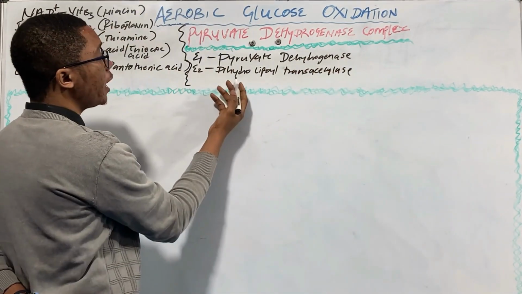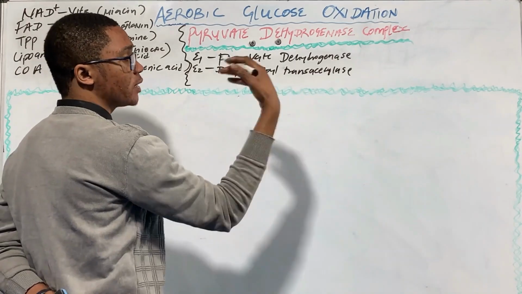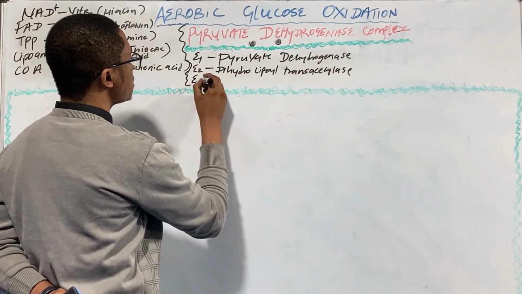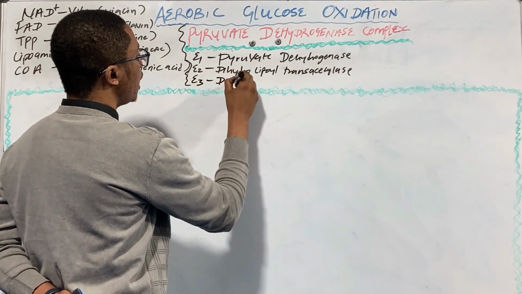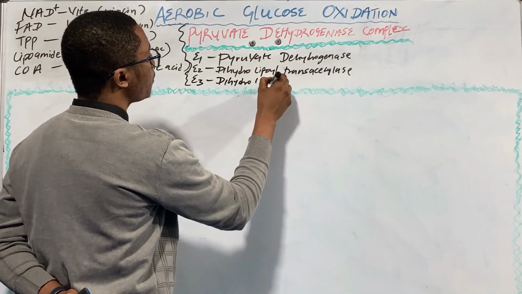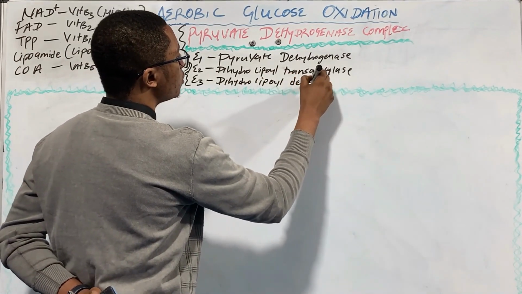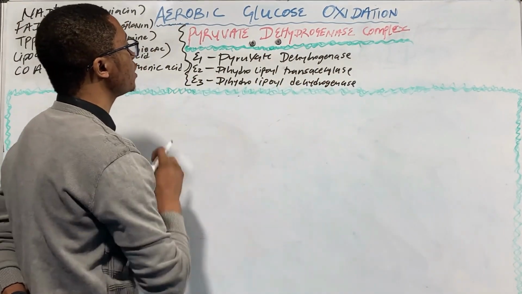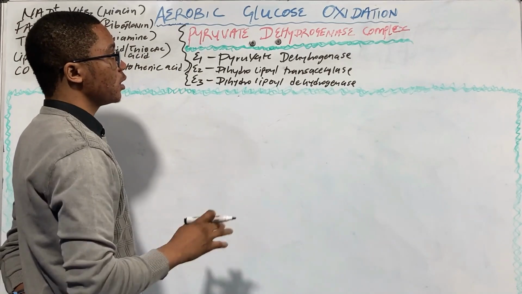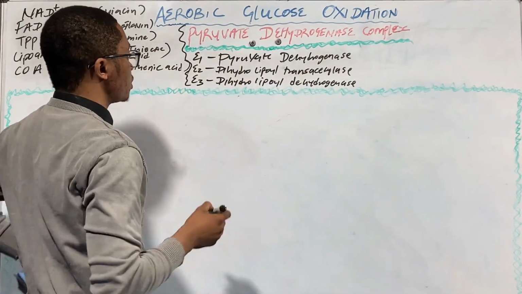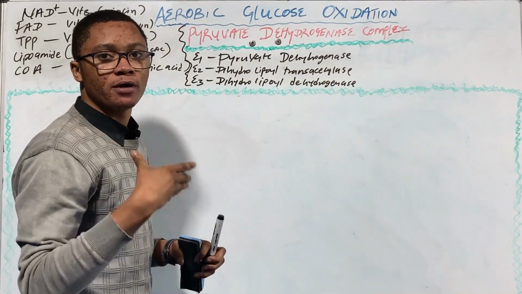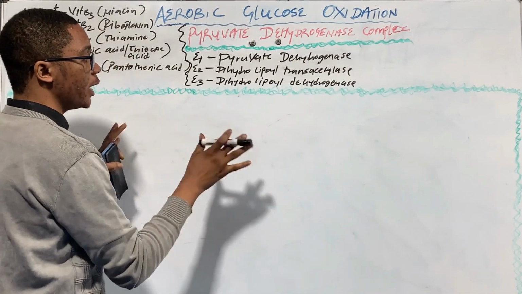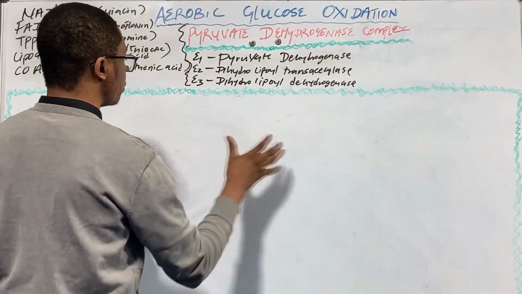We can also call it dihydrolipoamide acetyltransferase, but in this video, we'll be calling it dihydrolipoyl transacetylase. Then enzyme 3 is called dihydrolipoyl dehydrogenase. So these are the 3 apoenzymes that catalyze the aerobic glucose oxidation that takes place in the mitochondria of the cell. Now let's take a look at what really happens in this process.